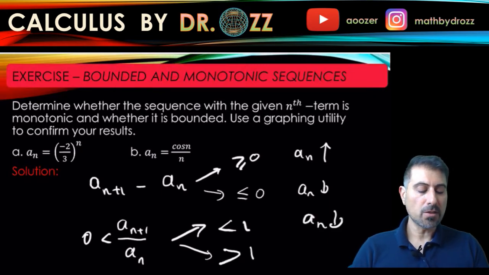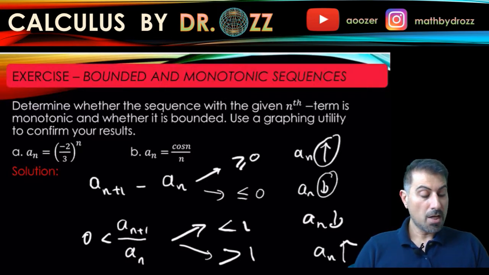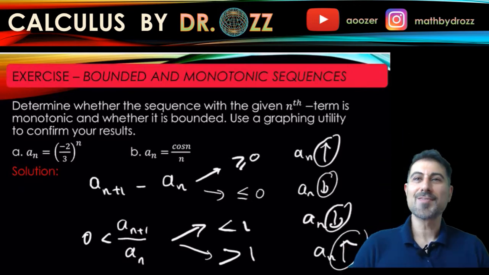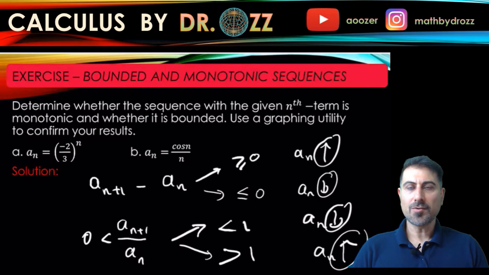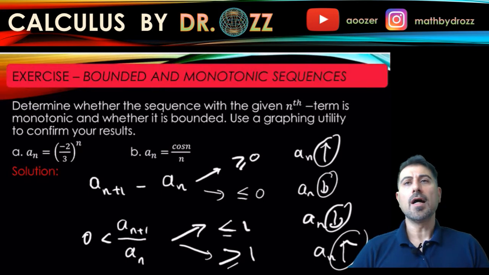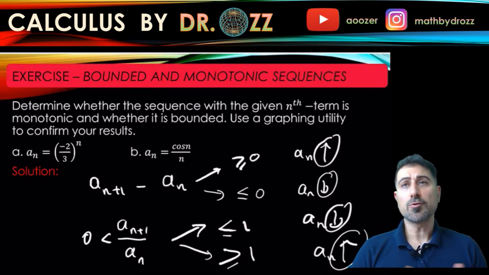And if this is greater than 1, a_n is non-decreasing. I hope I said it correct. Okay, so non-decreasing, non-increasing. And you can also put the equality signs here, because you may perfectly have a constant sequence. Like all of the terms are constant, so you may have the monotonic behavior over there.